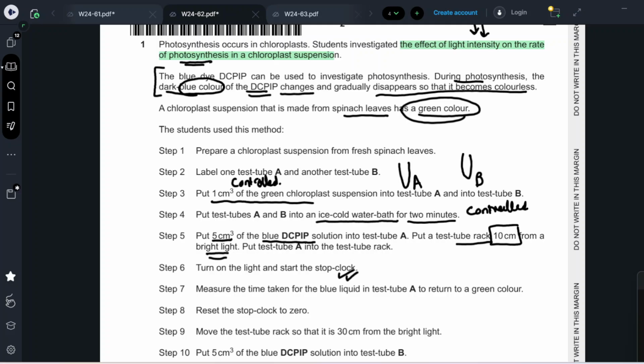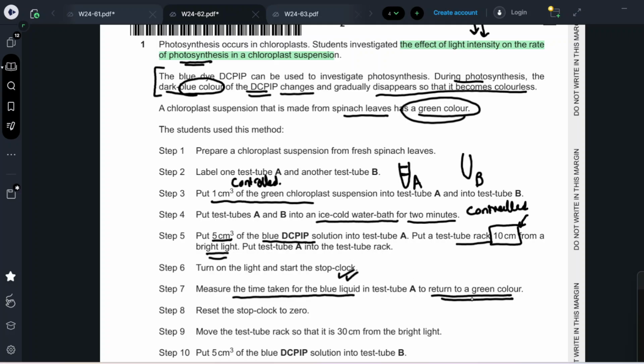I worked on test tube A first. I put the chloroplast suspension and the DCPIP, and then I put it 10 centimeter away from the light. Start the stop clock. Measure the time taken for the blue liquid to return to green.